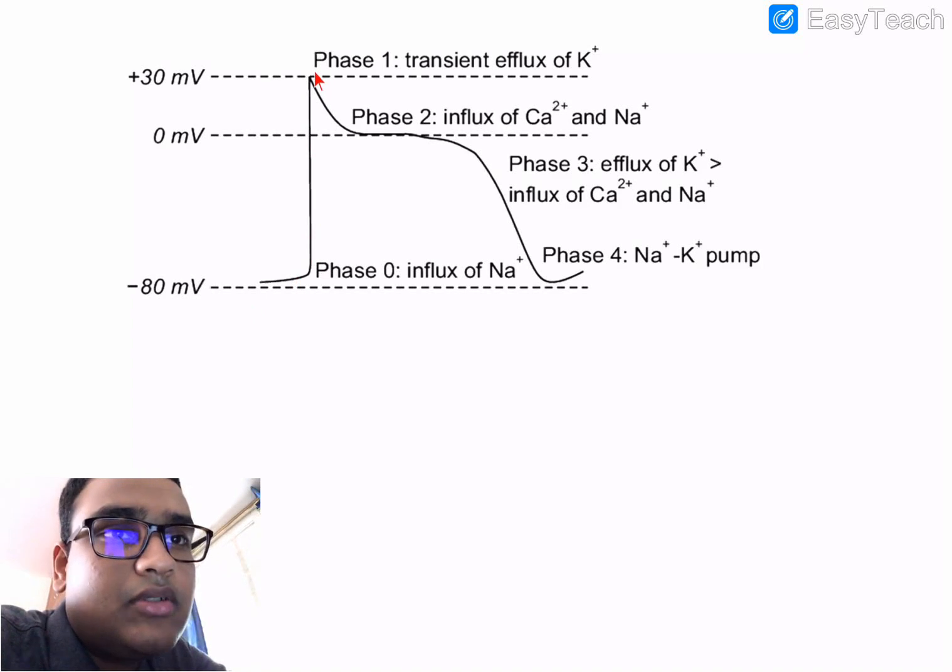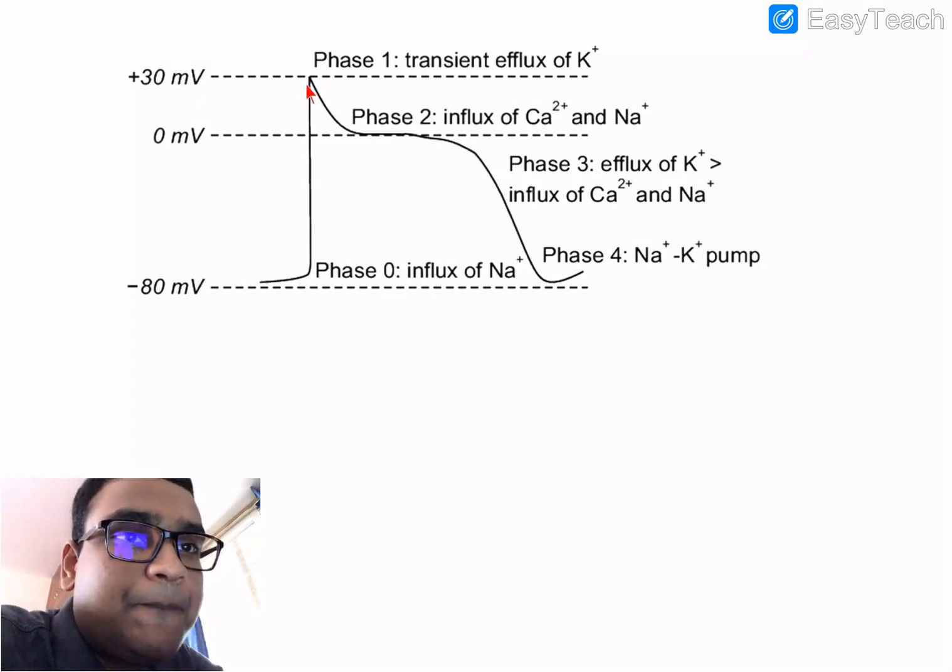That means potassium ions go out, so positive charge is lost. Then after this there is influx of calcium and sodium. Now that potassium has gone out and calcium and sodium are coming in, a balance is created, and this creates a plateau phase here. And then in phase 3 there is efflux of potassium occurring again, which is more than the influx of calcium and sodium. So this results in a negative phase.